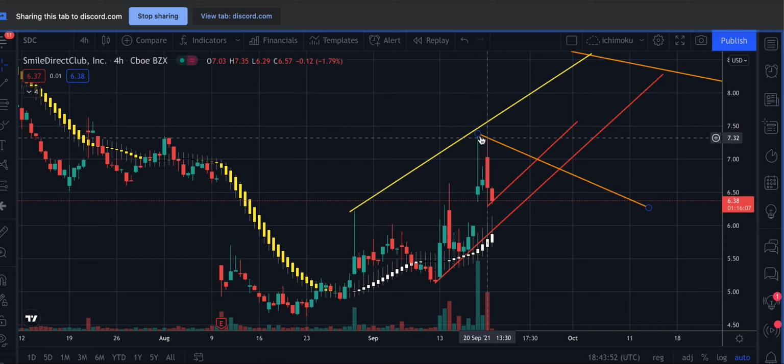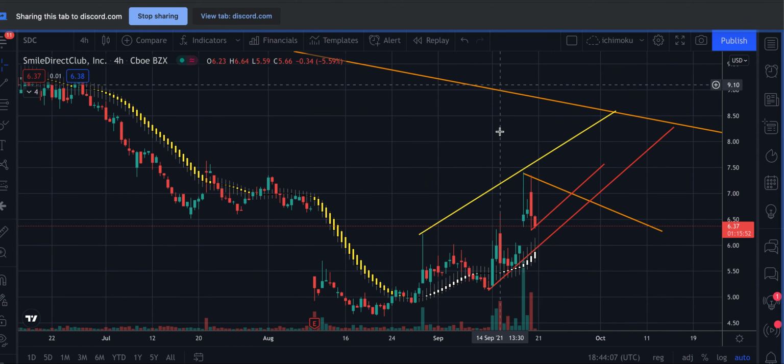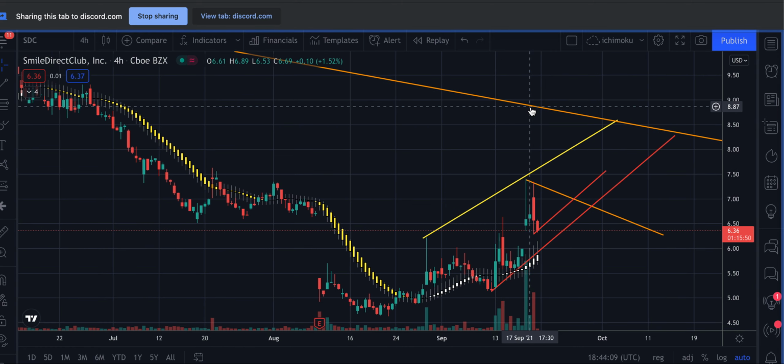I kind of had this drawn right here, and this one is basically if it breaks up from the breakout line, this is how high it's going to go, and then it has a second resistance. If it breaks that second resistance, then it would start flying all the way up here at 887, the third resistance.